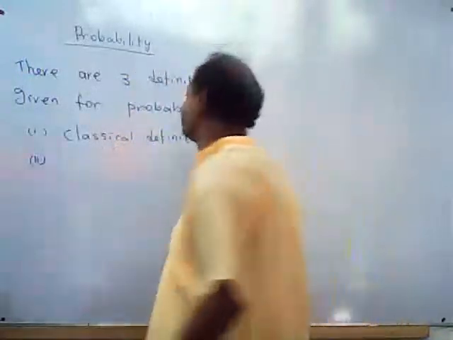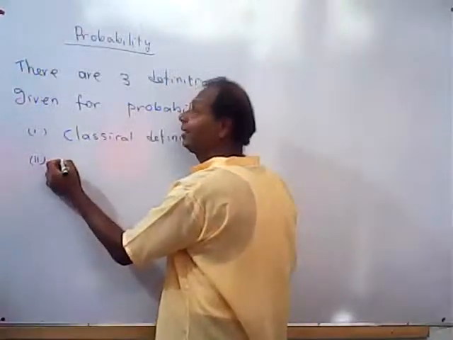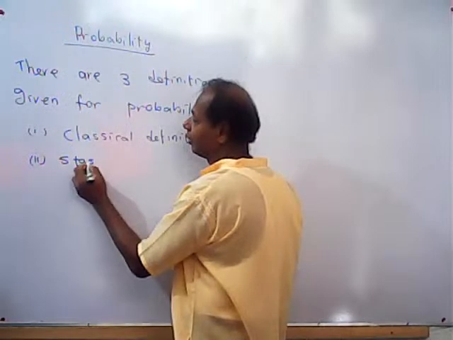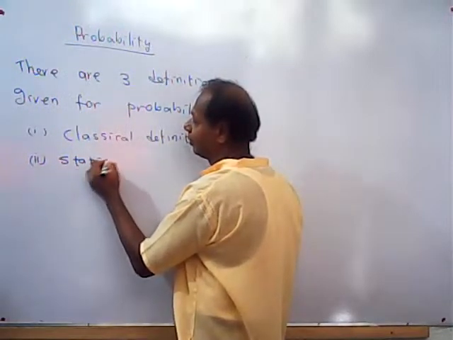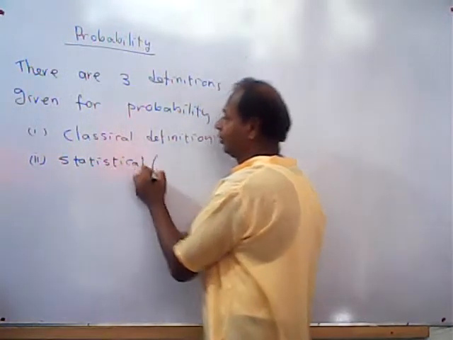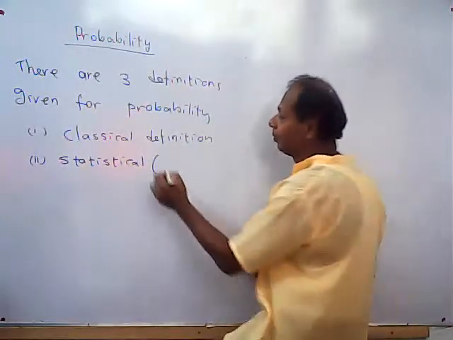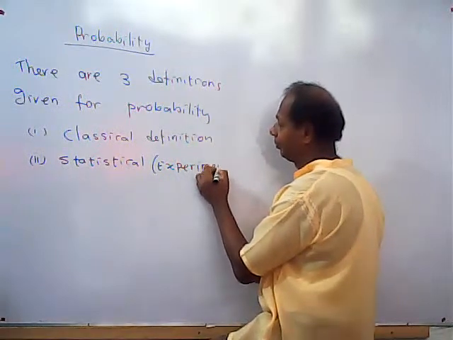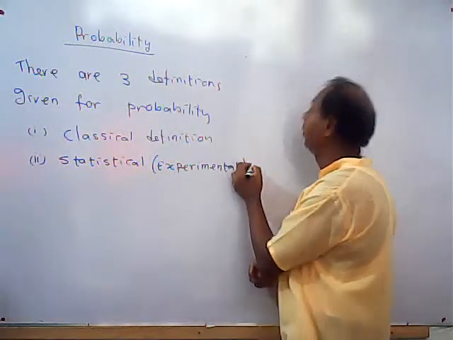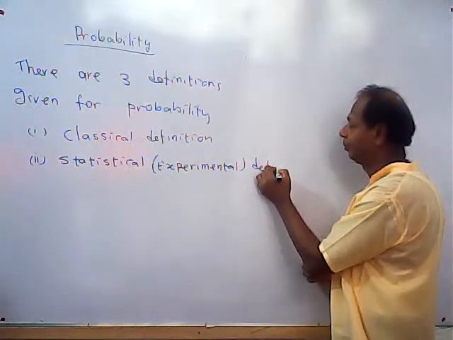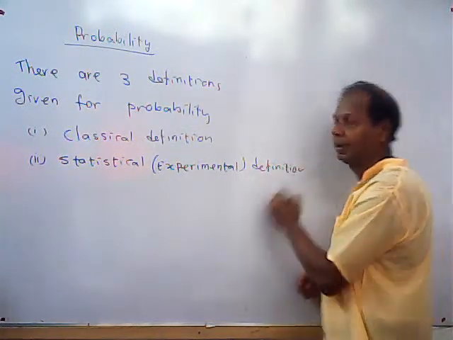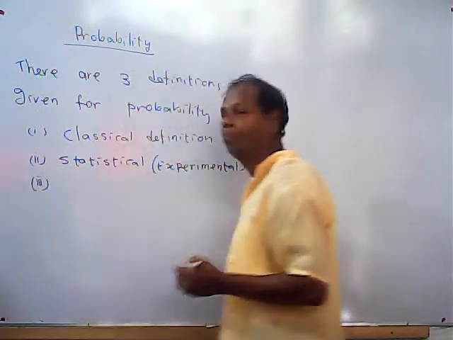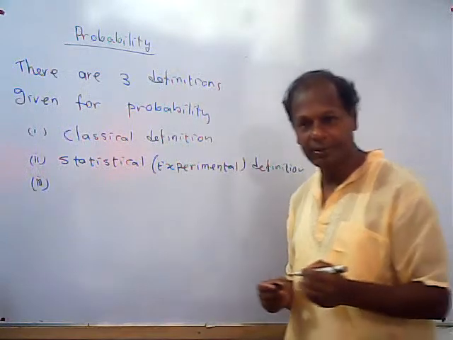Classical definition, then statistical or experimental definition, number 3, modern or axiomatic definition.